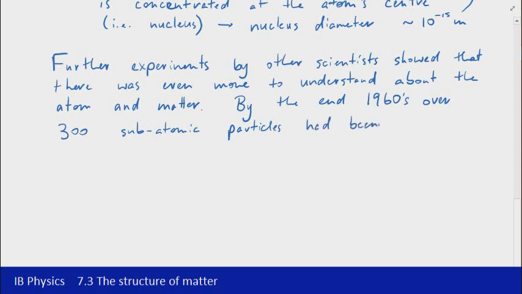So no longer are we just talking about protons, neutrons and electrons. We're talking about quite a lot more than that making up all of the matter that we see around us. And that discovery of all of those particles led to a classification system, and that's what we'll spend most of the rest of this unit on, known as the Standard Model.